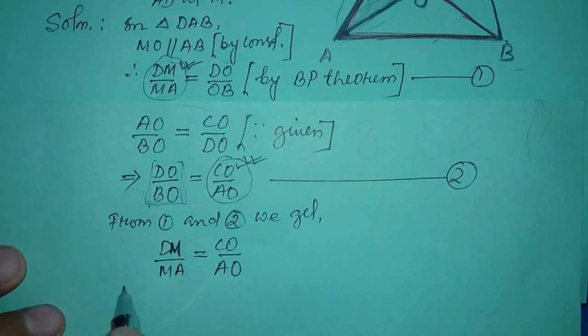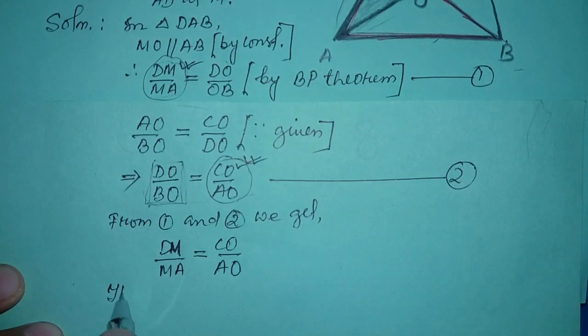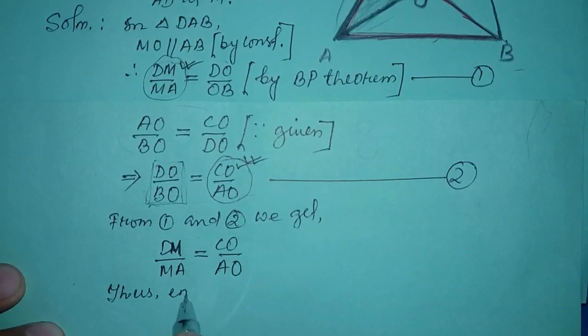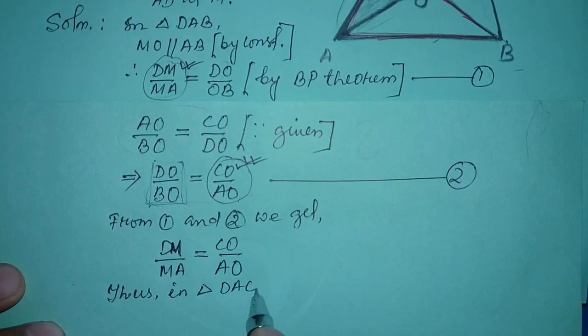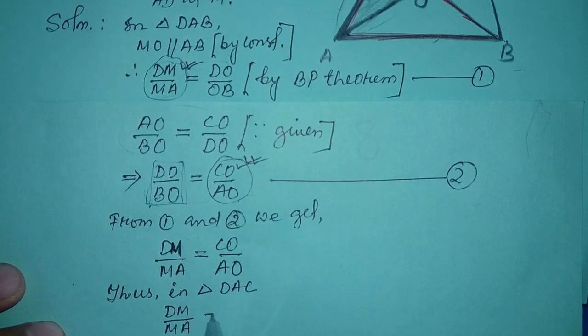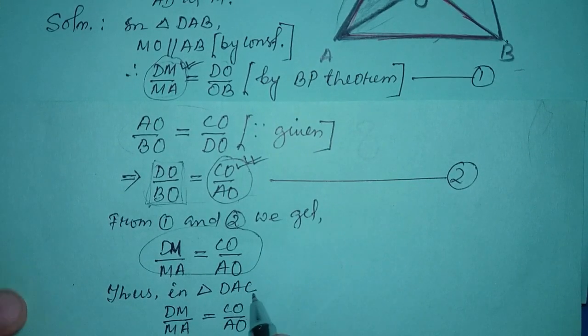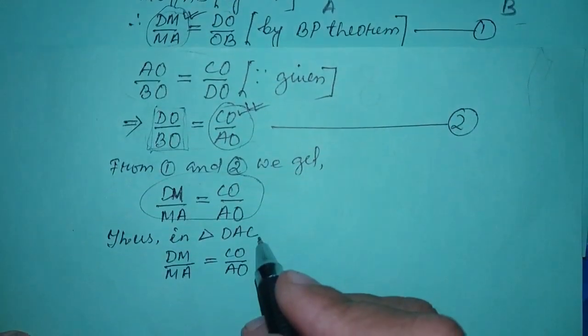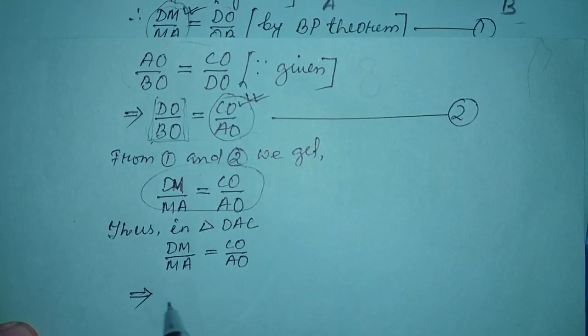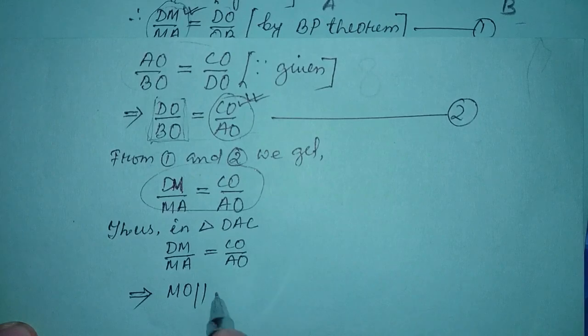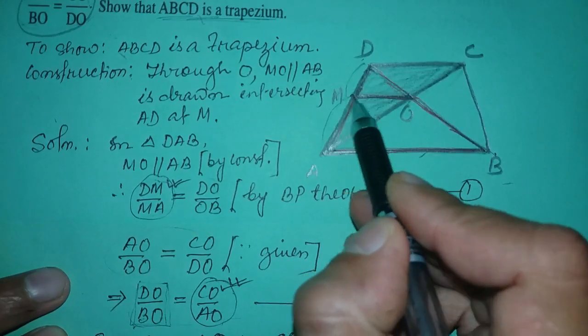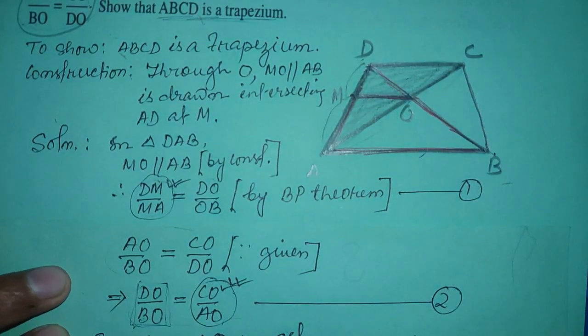Thus in triangle DAC, DM by MA is equal to CO by AO as shown above. Now this implies that MO is parallel to DC.